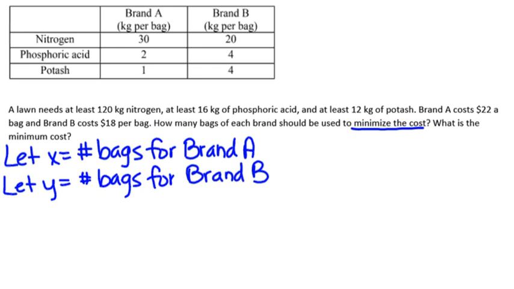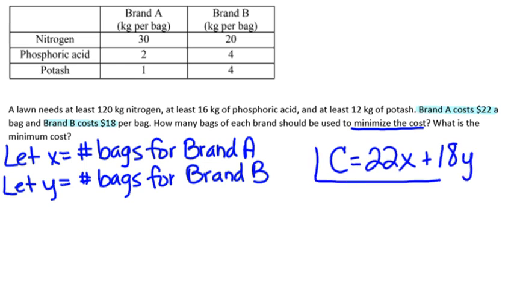So finding the terms in our question related to money was our brand A cost $22, brand B cost $18, and we want to minimize that. So our objective function in terms of cost is $22 per bag of brand A plus $18 per bag of brand B. So this is our objective function that we'll come back to again. We want to minimize that.